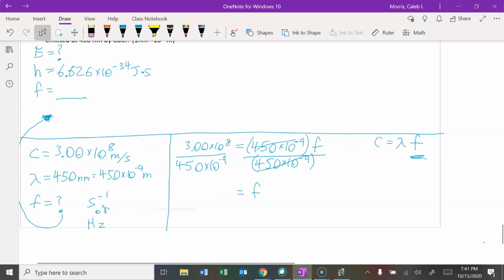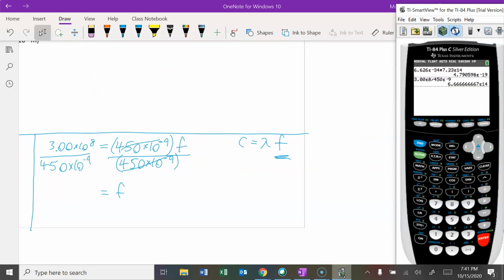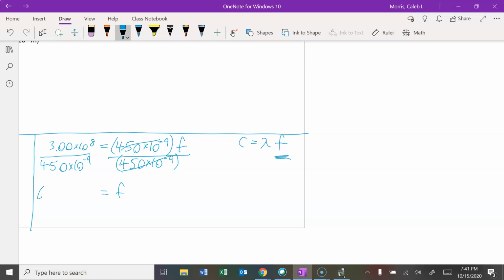or in this case I actually just want two significant figures. So 6.7 times 10 to the 14th inverse seconds, or you could say hertz. Either way, but that's the frequency.